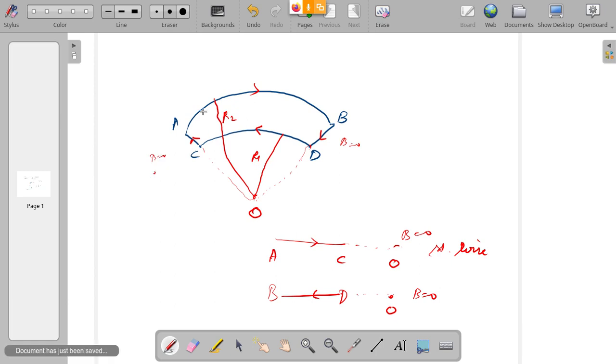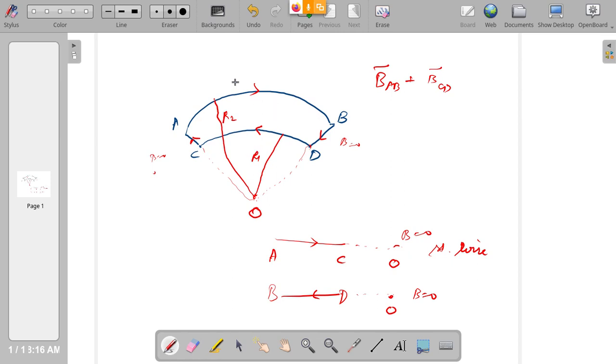So effectively we have to take only the magnetic field due to AB and CD. These are the two things you have to take. Now the directions in both cases are opposite, because AB is going to the right, CD is going to the left.